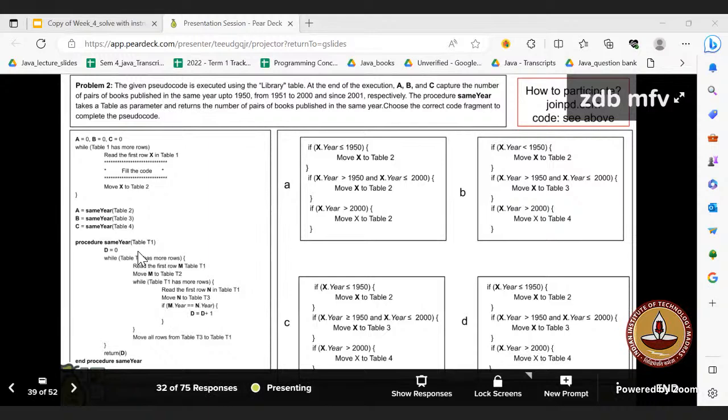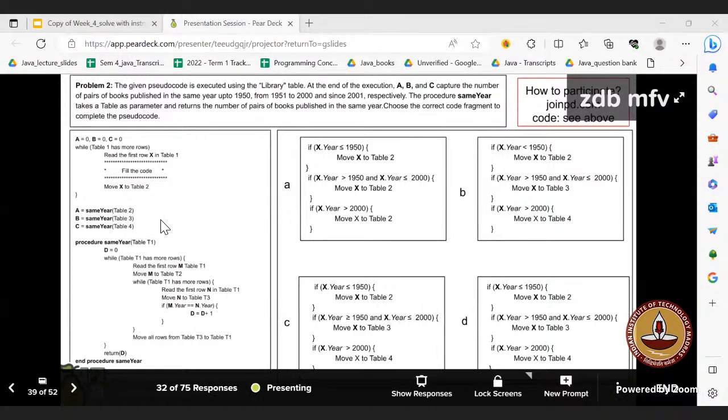So what is table T1 here? Table T1 is not a different table; it is table 2 only. From table T1 only you are getting table T2 and table T3. Okay, ma'am. Those are not different tables; they are from the same table 2 only. Table 2 has information only up to 1950.